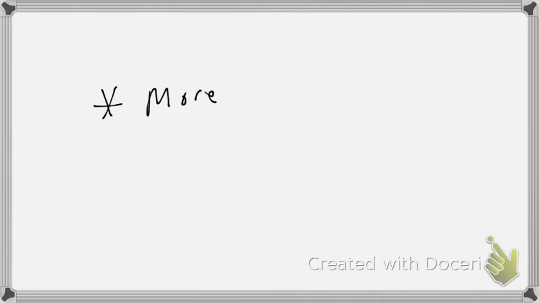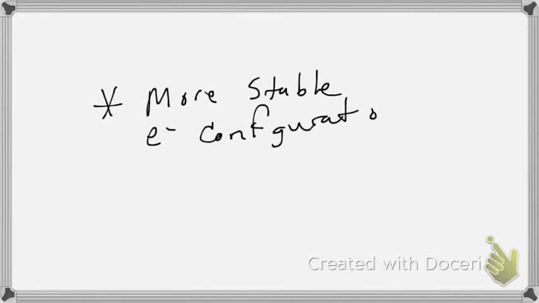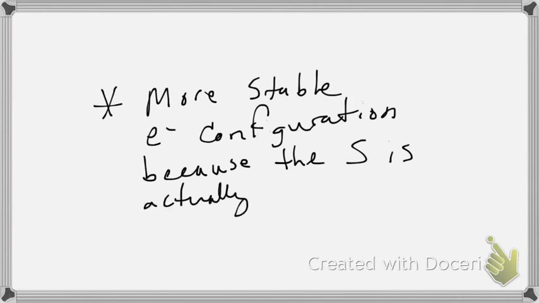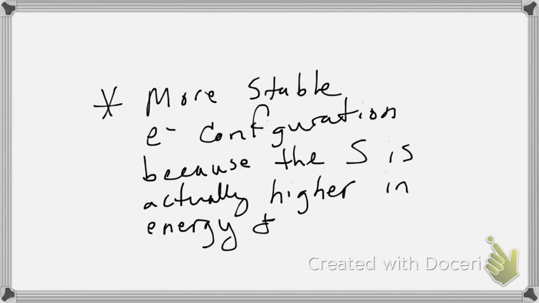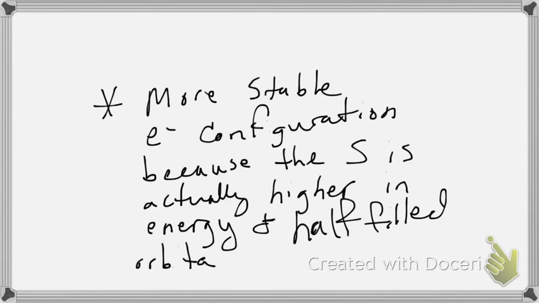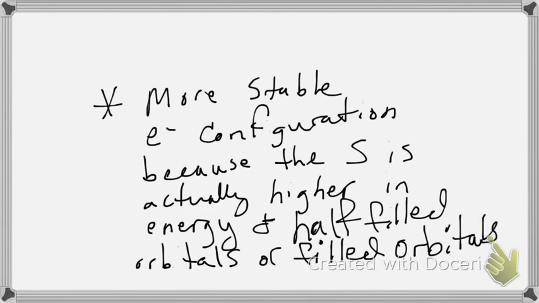It's a more stable electron configuration because the S is actually higher in energy and half filled orbitals or filled orbitals are more stable.